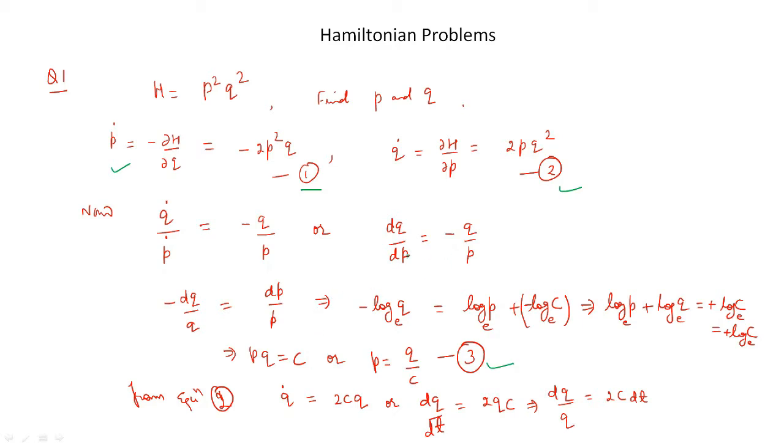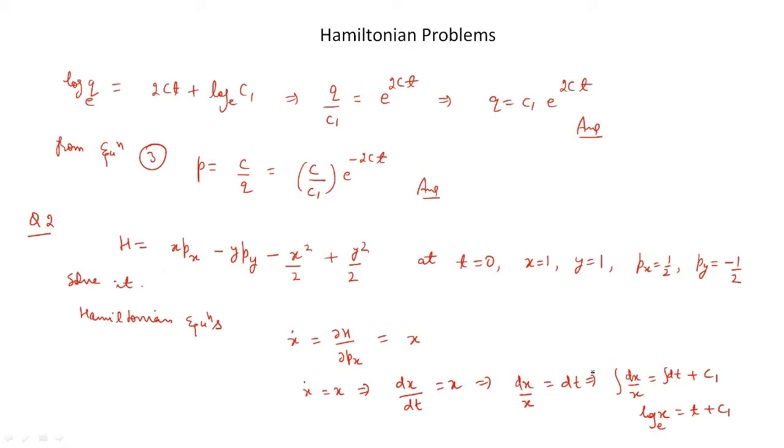Now if you see equation number 2, when you put p = c/q, your q dot will be equal to 2cq. Because q dot you can write as dq/dt, so it will be equal to 2qc. Now you can separate these, and so you can write dq/q is equal to 2c dt.